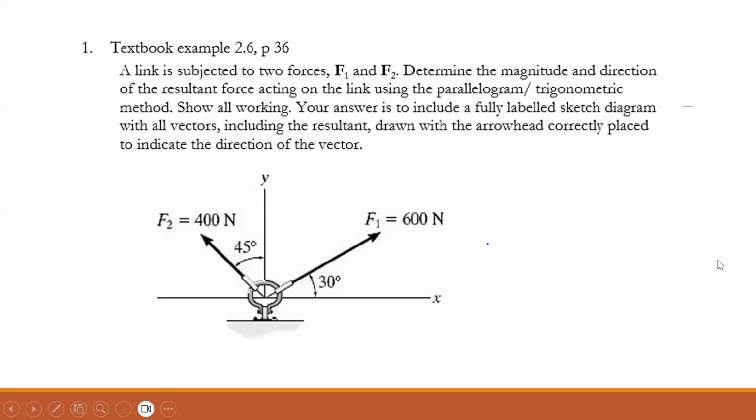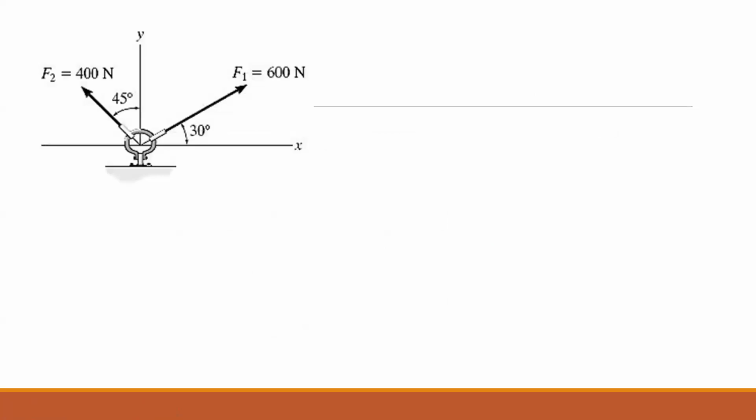Okay, so can you draw the vector diagram for this one now? You start at a point. You can start either with 600 or 400.